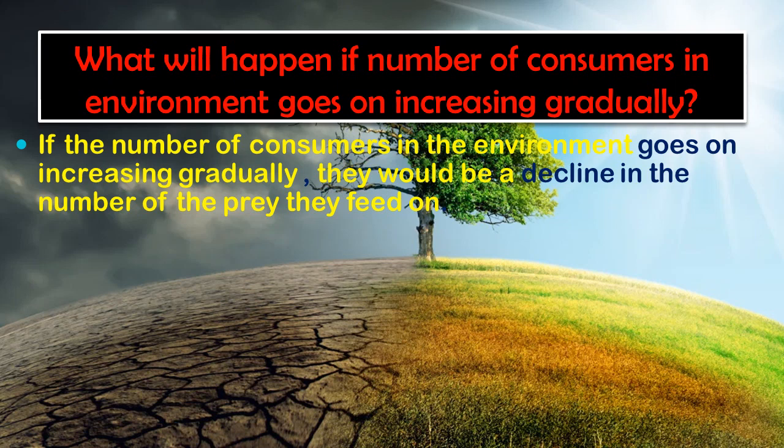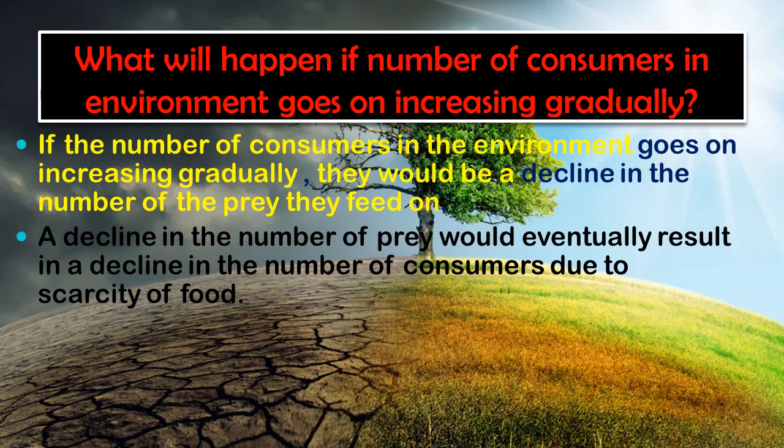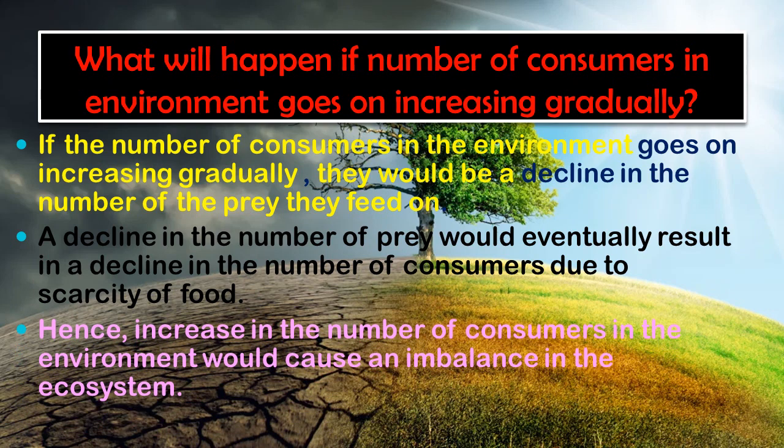So if consumers increase, the number of prey decreases, and a decline in the number of prey would eventually result in a decline in the number of consumers due to scarcity of food. This is how the whole process affects the food chain, and indirectly the complete environment. Hence an increase in the number of consumers would cause an imbalance in the ecosystem. This is how the ecosystem is disturbed.